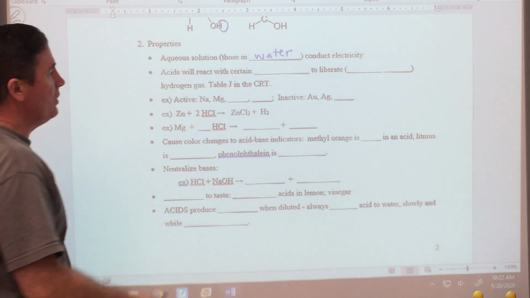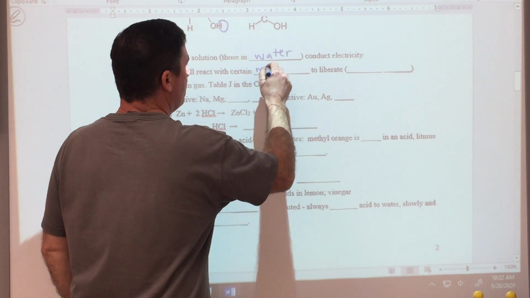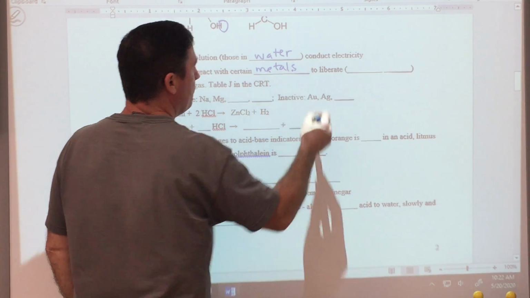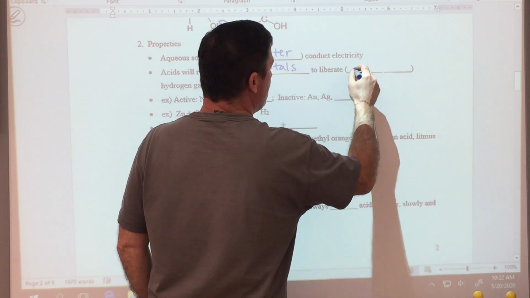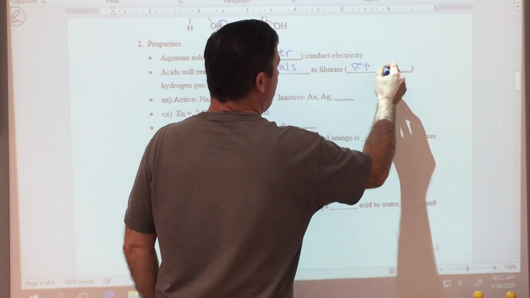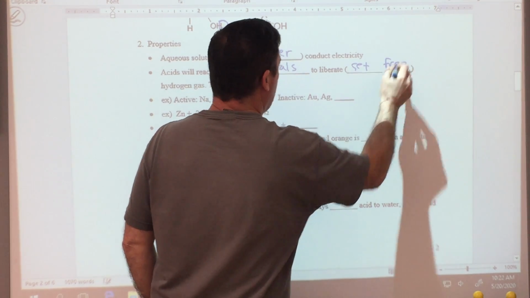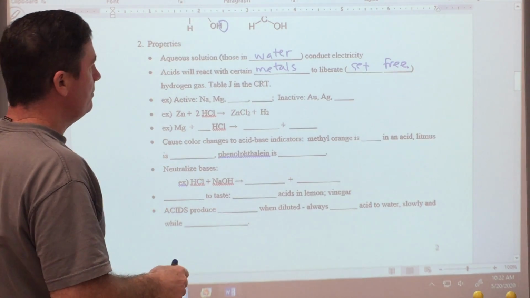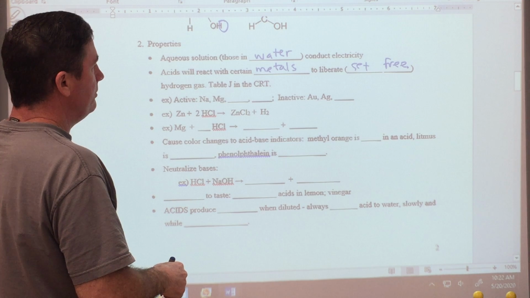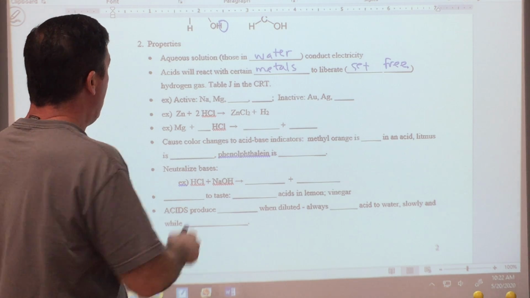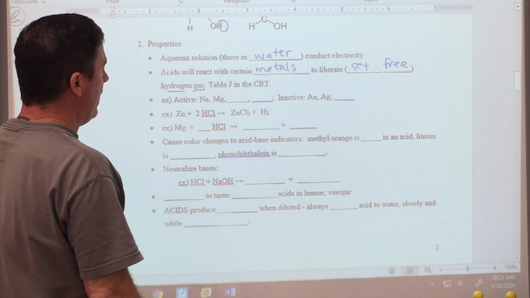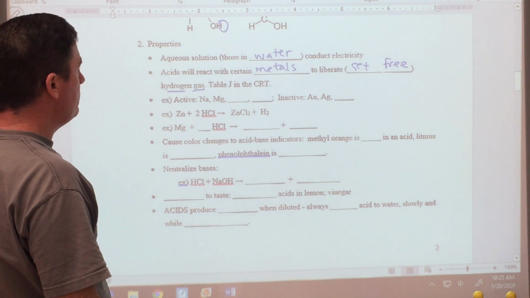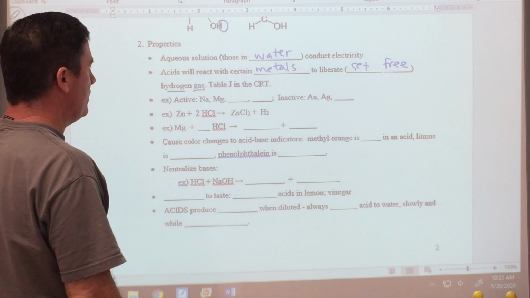Acids will react with certain metals to liberate, that means to release or set free, hydrogen gas. And that's in Table J, but we probably won't focus on that too much.